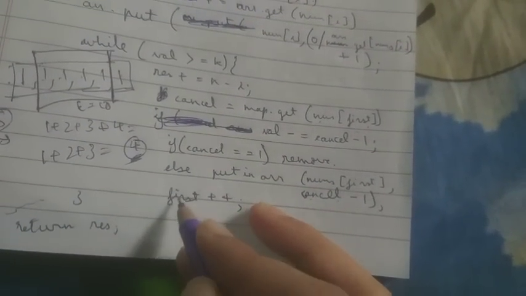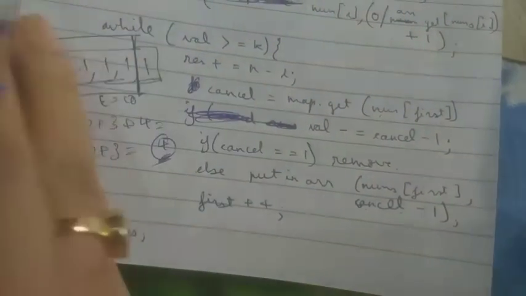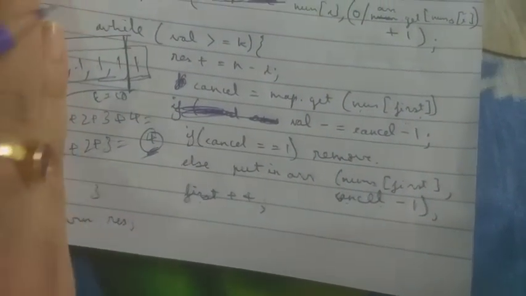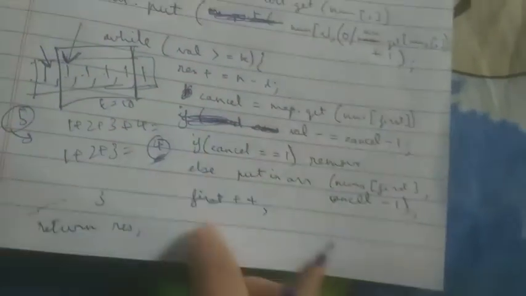And remember one thing, first plus plus. Since first was pointing at the beginning of the subarray, now that we are done with this position, first is moved over, so we have to increment first by 1, okay?